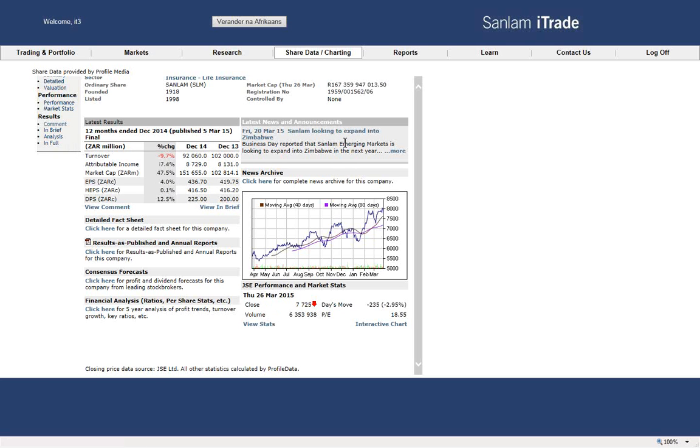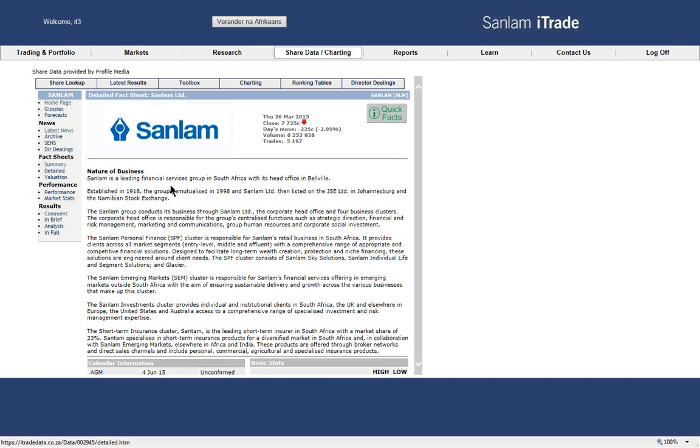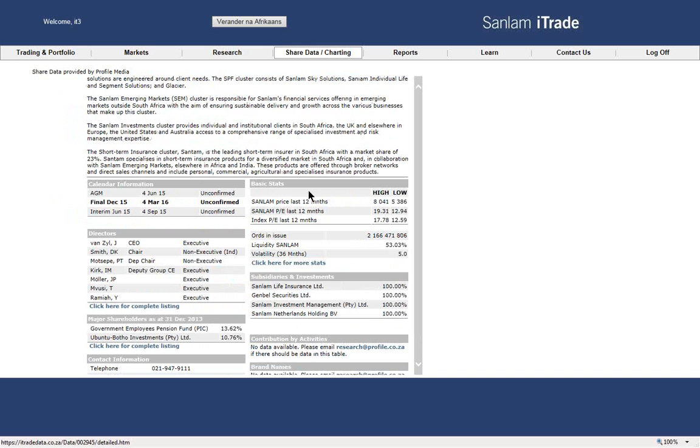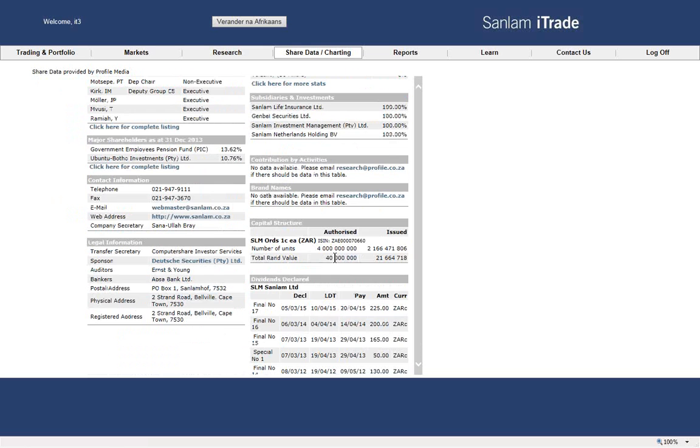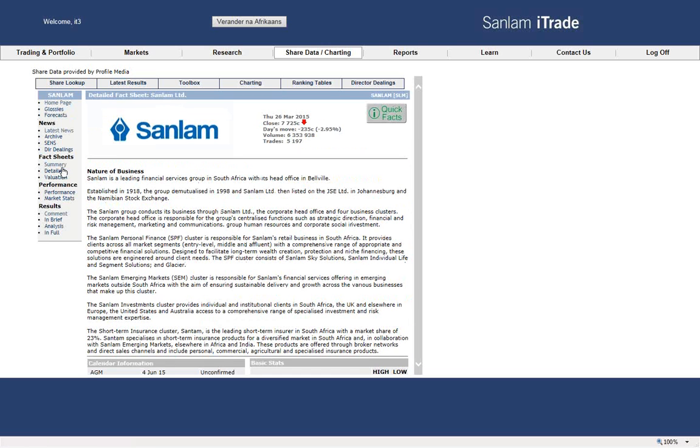There's some Sense News, which is the JSE's news service. You can also look at all the published results of the last 10 years. There's a detailed fact sheet that will show you what the company does, what's the nature of business. It shows you some stats, the directors, subsidiaries, dividends declared, and all of that.